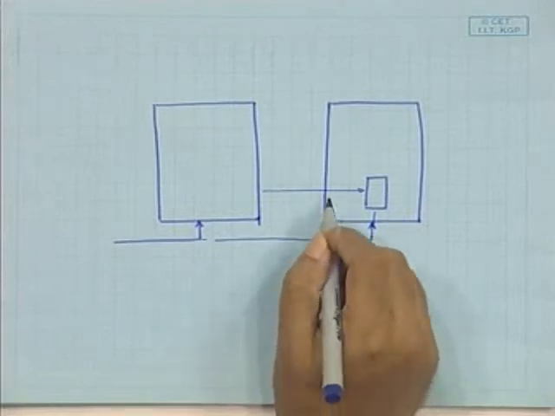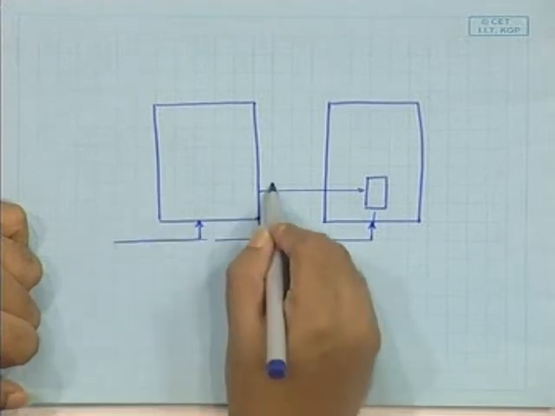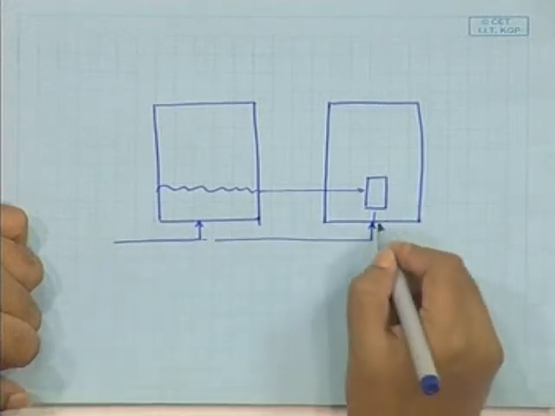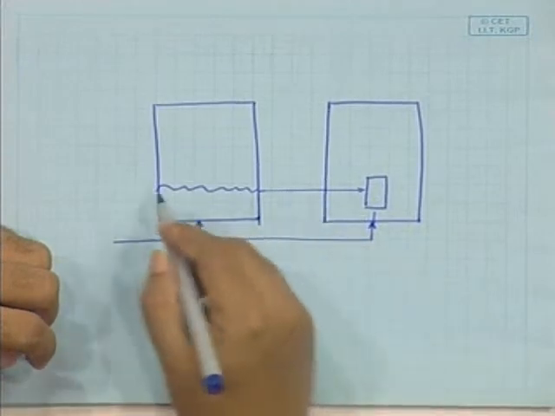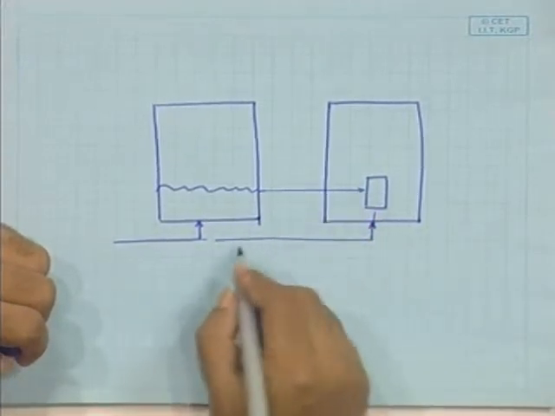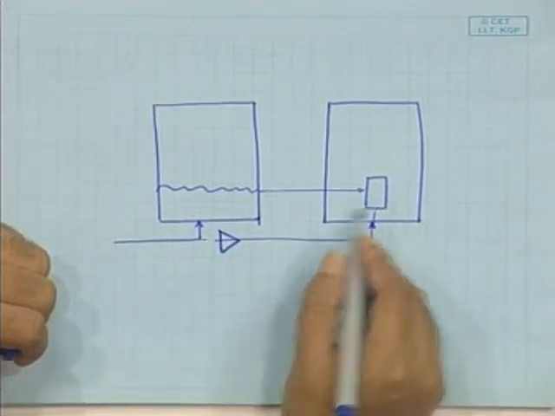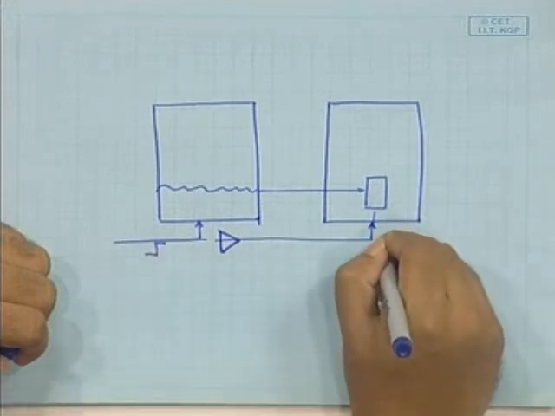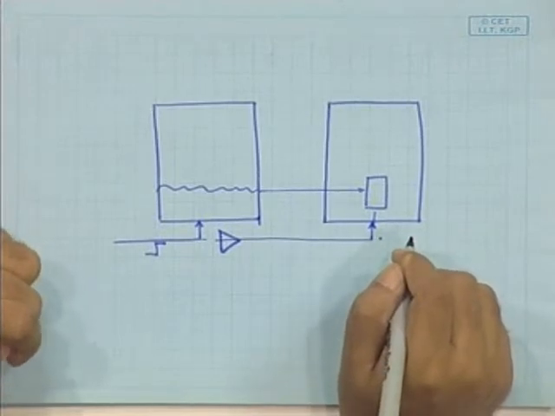right. But it may so happen that by the time this output becomes available by passing through this big combinational logic, this clock has already latched whatever data that is there, right. So, we did not have time enough for the propagation of this. So, you may actually want to put some kind of buffer here to slow down the clock. So, the pulse that comes here comes at a certain point of time, and this one comes a little bit later than that, right.